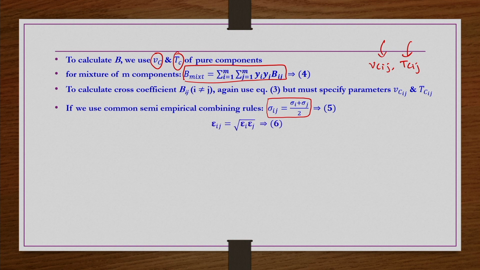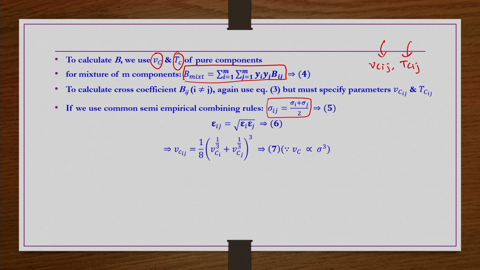We also know that the characteristic energy used for non-dimensionalizing the intermolecular potential for 2 different molecules i and j, epsilon ij, is the square root of epsilon i epsilon j. These are the mixing rules, or combining rules.